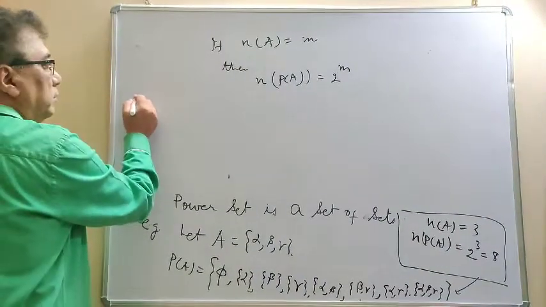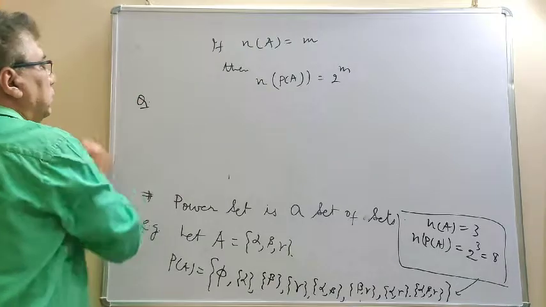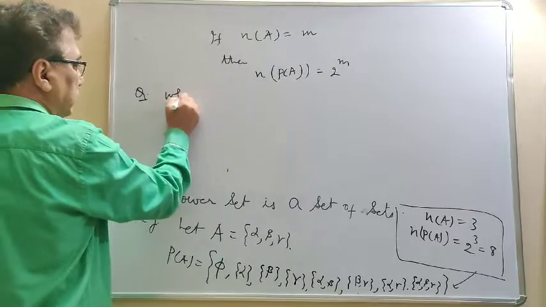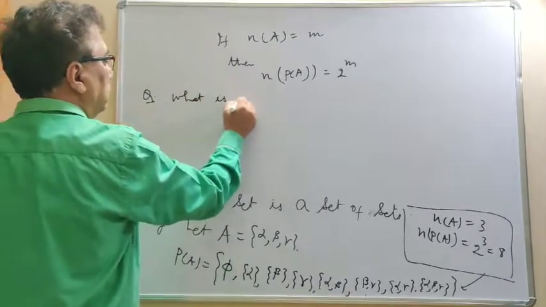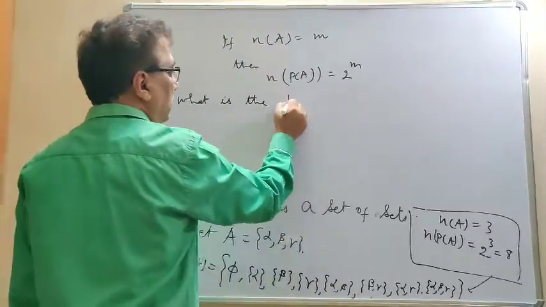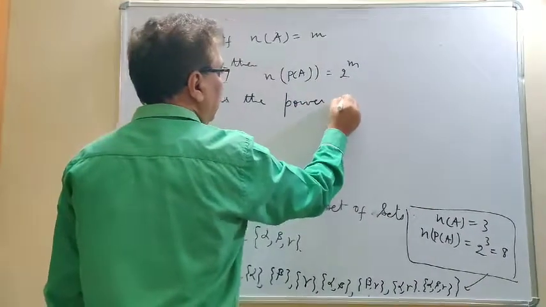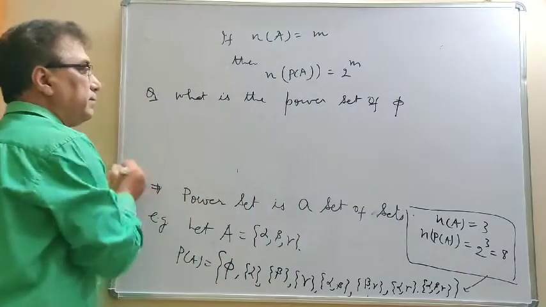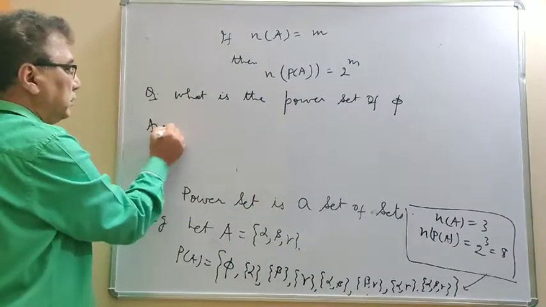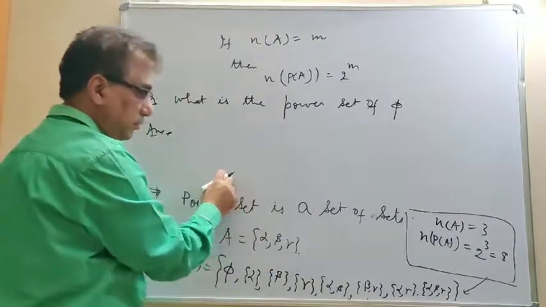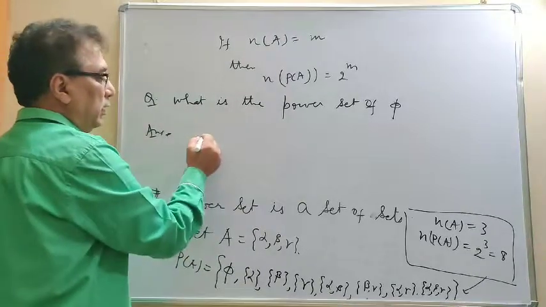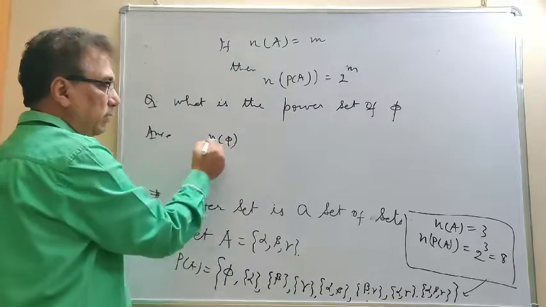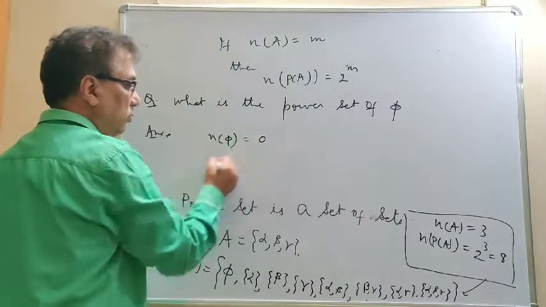Now the question is, what is the power set of phi? Okay, so let us discuss according to the previous pattern that phi contains no element, so number of elements in phi is 0.